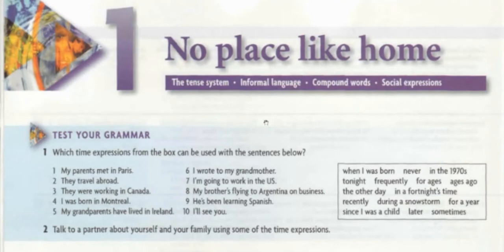Maybe we can go through a few sentences, like my parents met in Paris. What kind of verb do we have here? What is the verb here? Yes? Anyone? That's simple past. Yes, very good.